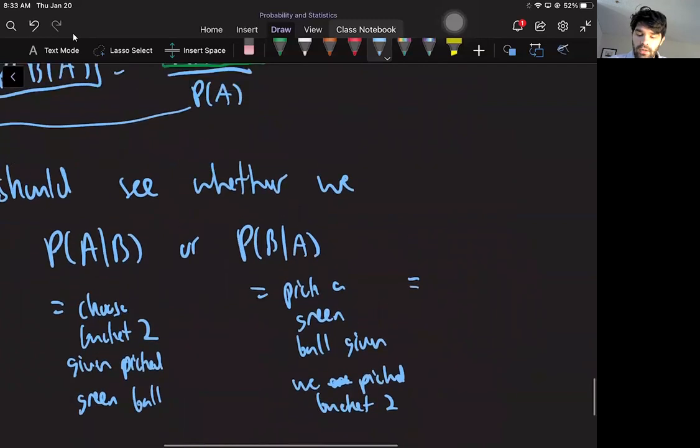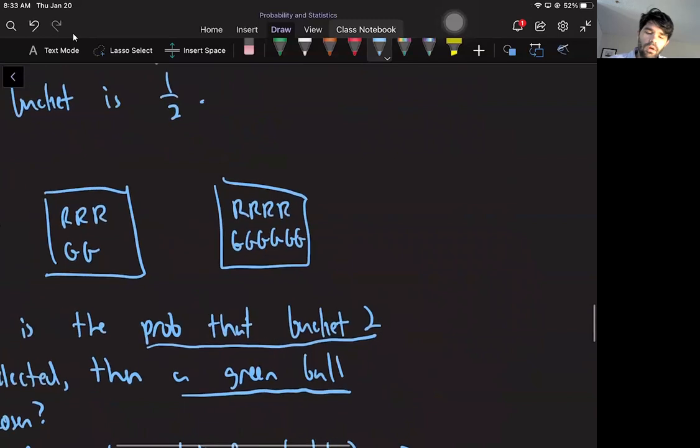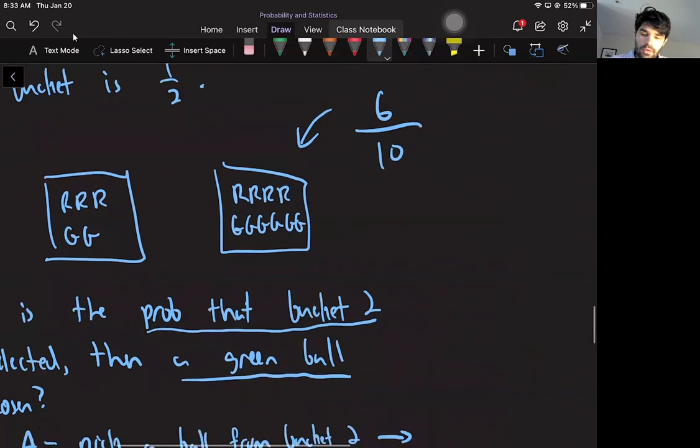So the probability of picking a green ball, given that we're already in bucket 2, all we have to do is look at bucket 2 and see that there's 6 green balls out of a total of 1, 2, 3, 4, 5, 6, 10, right? So there's 6 green balls out of 10 total balls in there. So it's 6 out of 10.